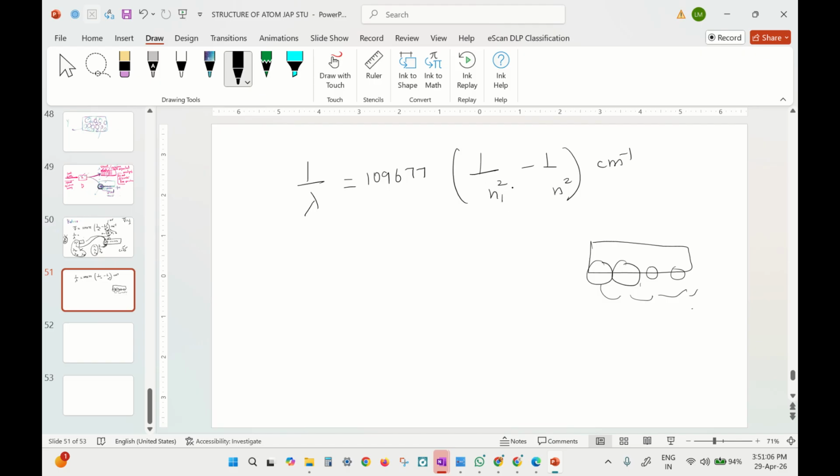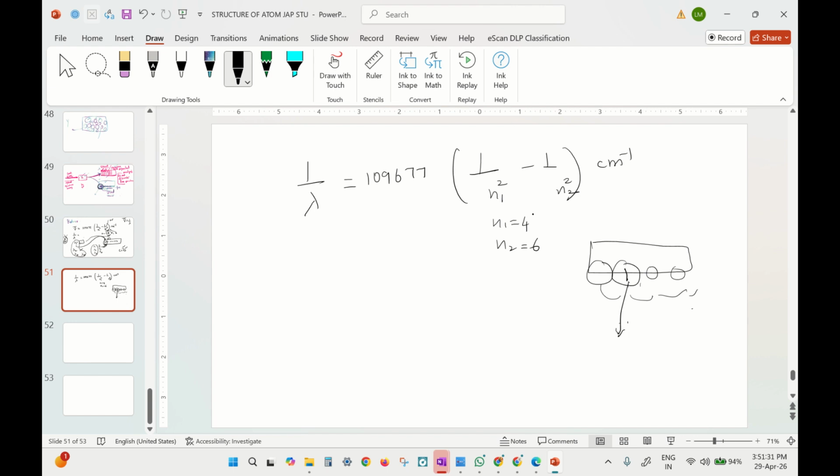So the electromagnetic radiation of this particular lambda found here happens when n1 is equal to 4 and n2 is equal to 6, something like that. So they generalized the formula.